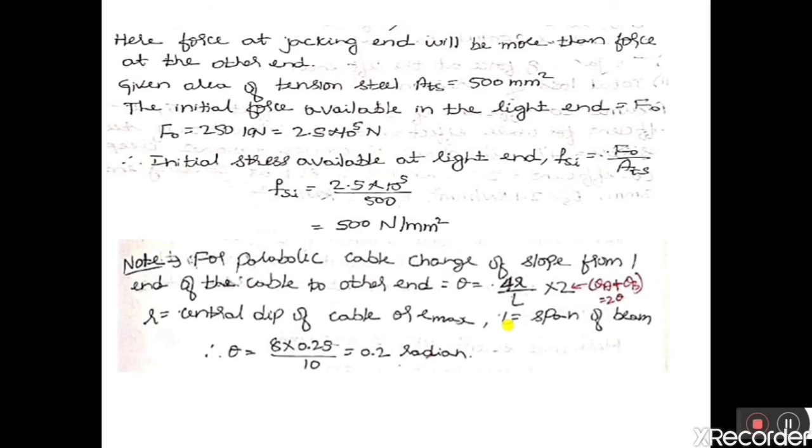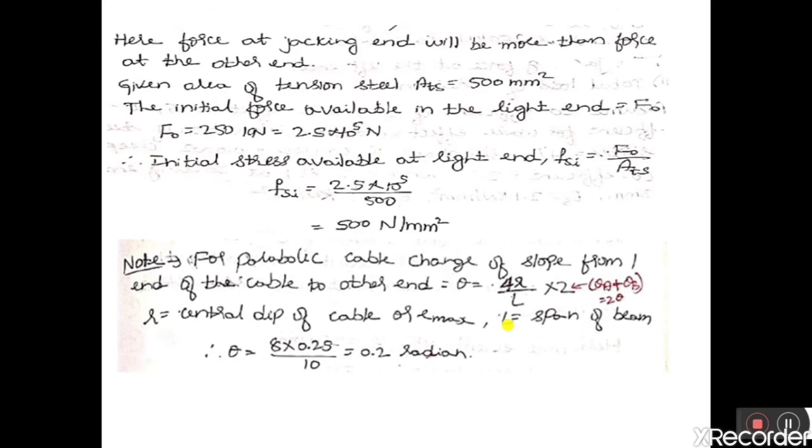So the formula is Fsi into (mu theta plus Kx). Fsi is unknown, that is initial prestress at left end is unknown. Let us keep it as it is, and the value of K is given, the value of mu is given, and the value of x can be calculated by the given condition.